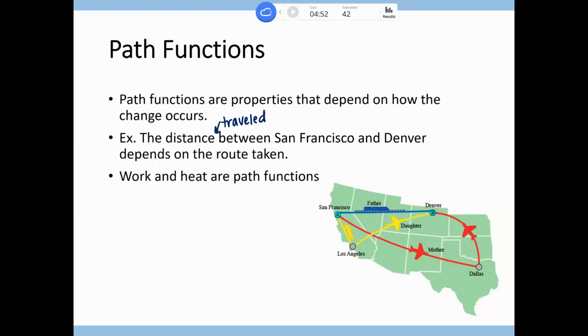So all 3 family members are traveling a different total distance because they're taking different routes. So distance is a path function. Work is a path function, and heat is a path function. But internal energy is not.